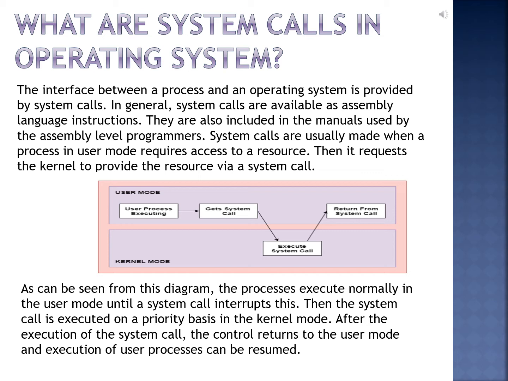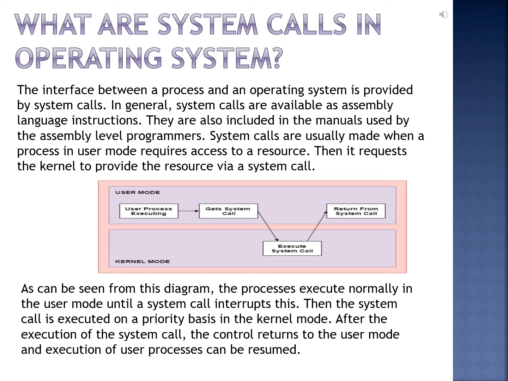So the kernel is a computer program at the core of a computer's operating system with complete control over everything in the system. It is an integral part of an operating system. It is the portion of the operating system code that is always resident in memory.